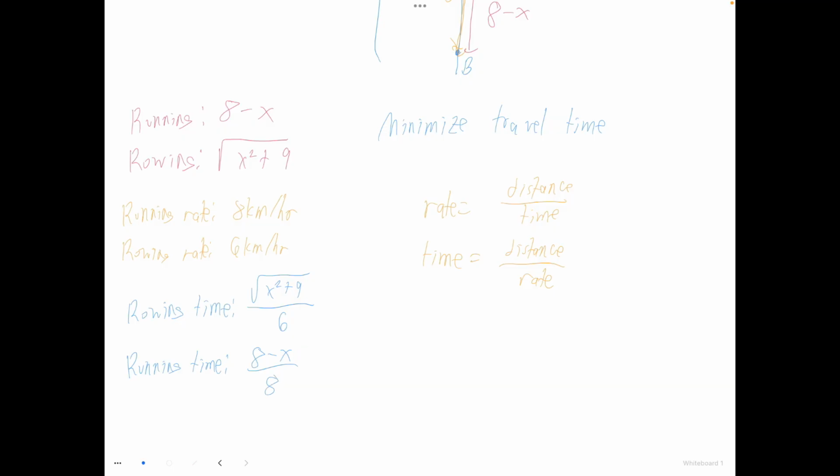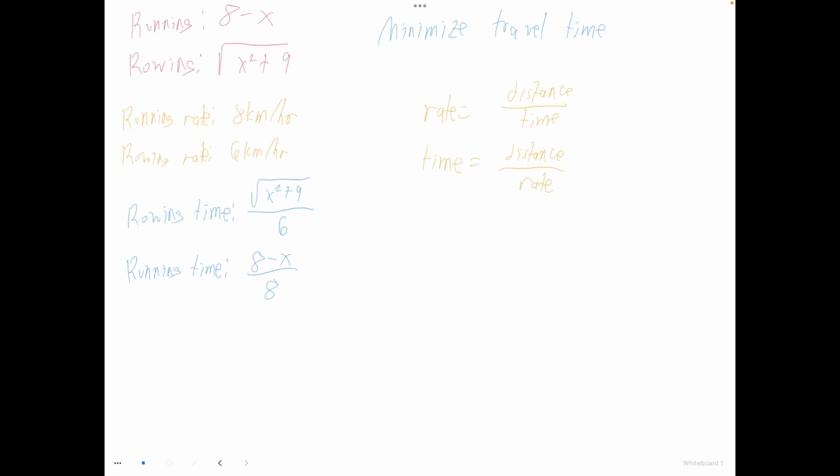The running distance of 8 minus x divided by the running rate of 8. And so this then gives us our total time. It's just going to be the sum of these two. So it's going to be 8 minus x over 8 plus the square root of x squared plus 9 over 6. So that's the total time, and this is what we want to minimize.